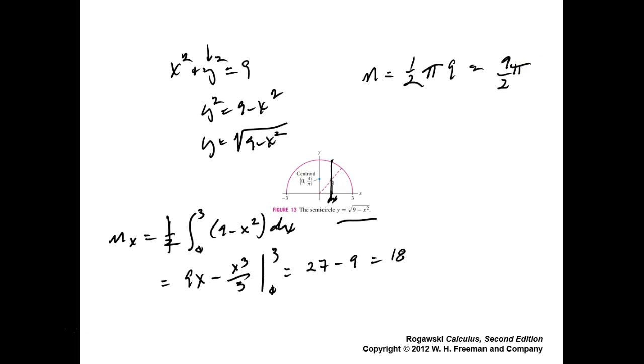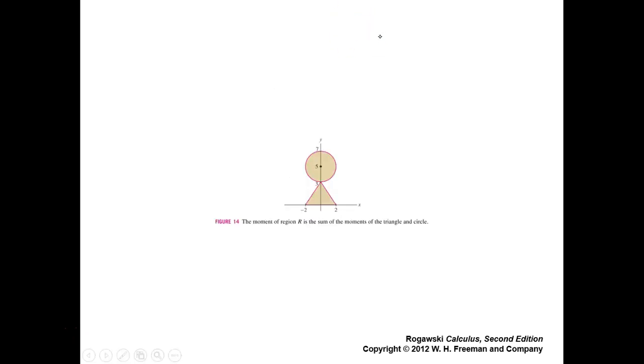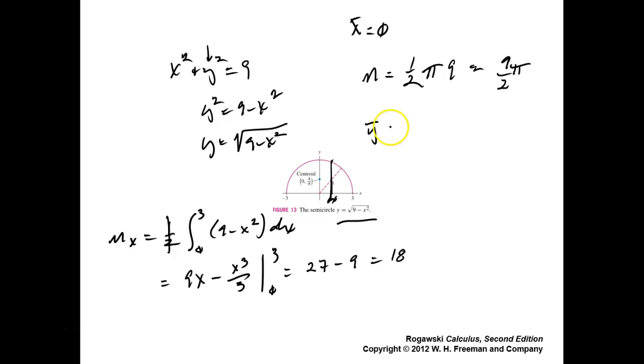We know what the area of a circle is and what the area of a semicircle is, so we can just use that. Now our y bar, we already know x bar is 0 from symmetry. So our y bar is 18 divided by 9 halves pi.